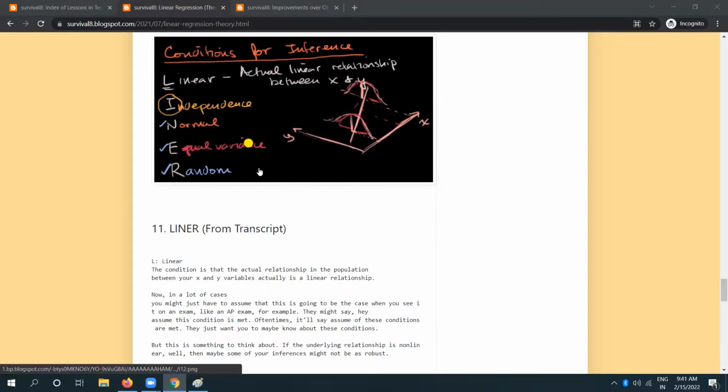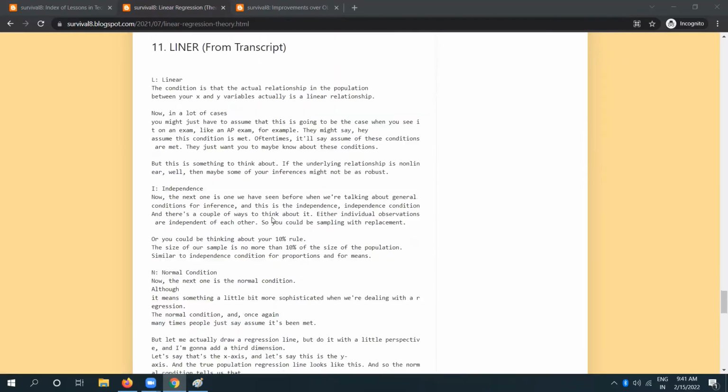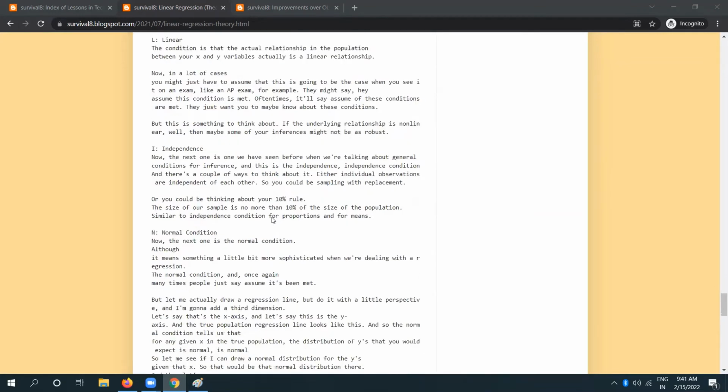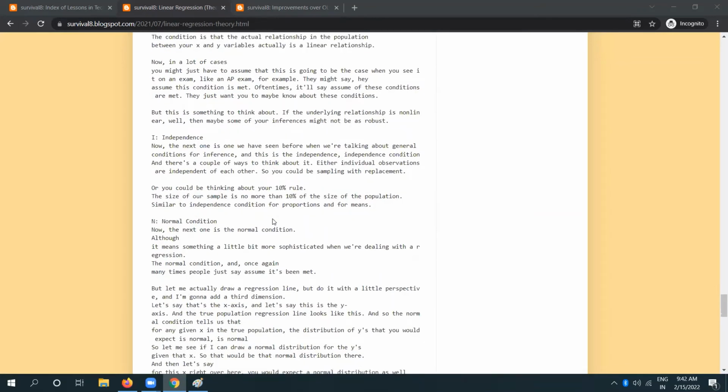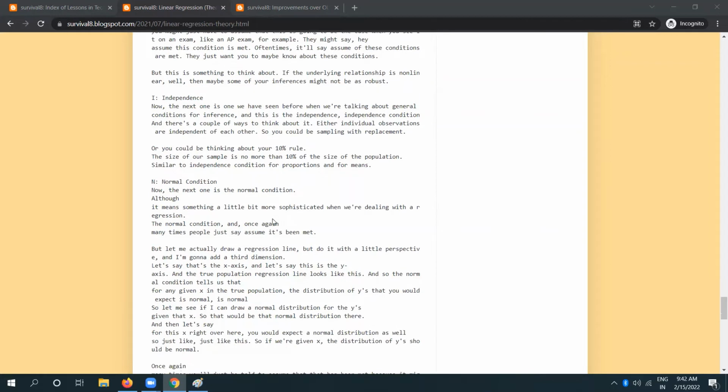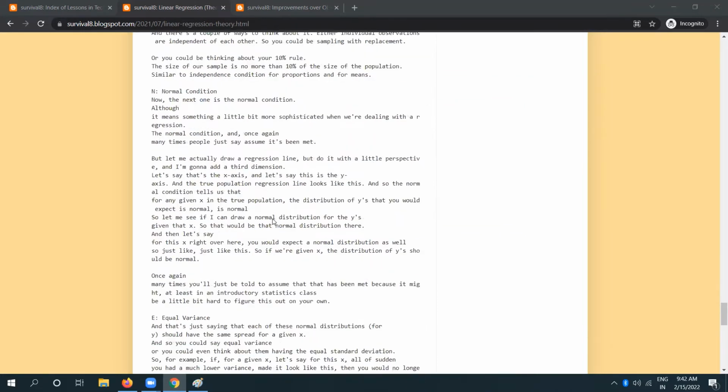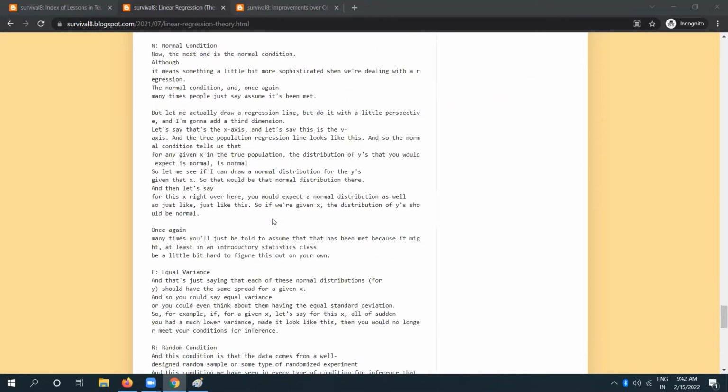L is for linear, which means that the actual relationship in the population between x and y is a linear relationship. Next, I is for independence.